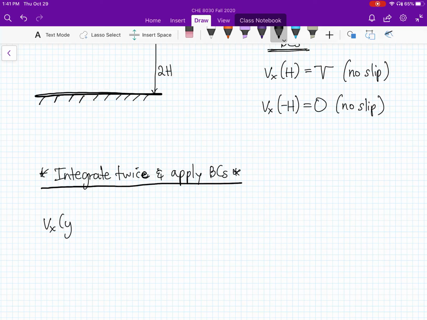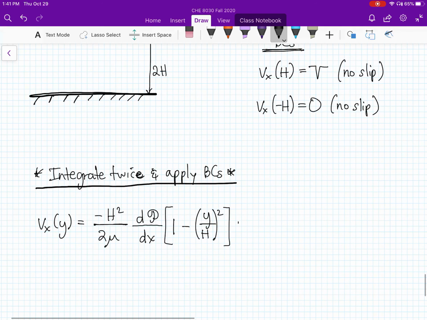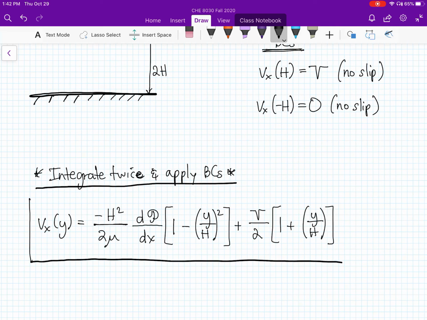Again, I'm not going to walk through the math. And so that becomes our final equation for the velocity profile, specifically for the x component of the velocity as a function of y.